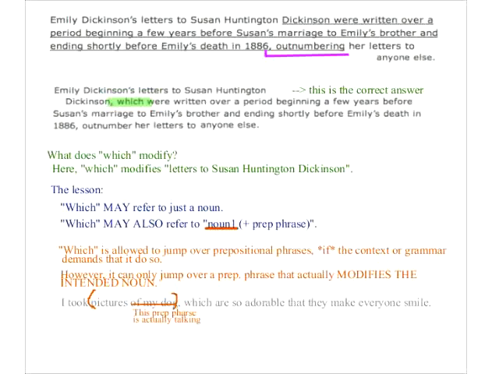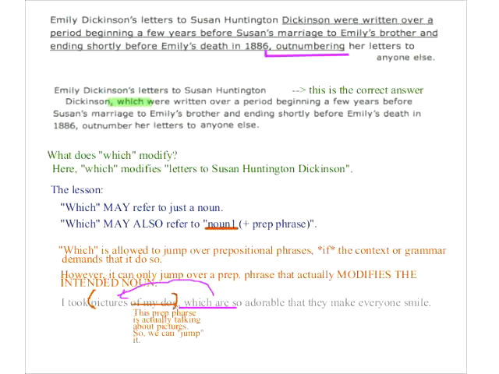It's actually talking about pictures, so we can jump it. In this case, which is clearly talking about pictures because it's which are. So it's not the dog. I mean, the dog could be adorable too, but if it's which are, then we know we're talking about pictures.